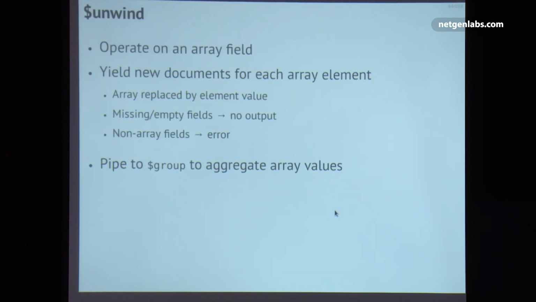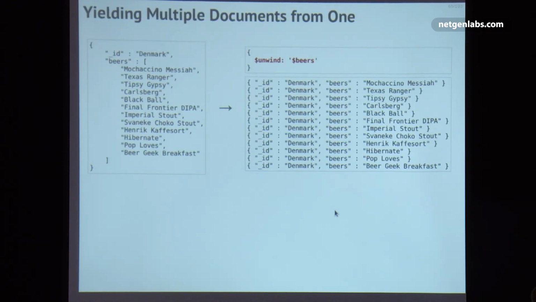So unwind does the opposite thing. If you have an array of values, it will create documents for each of those values in an array. My data set doesn't have that, so I created an example set that you cannot find in the database. In this case, I have an ID field called Denmark, and basically this is all the Danish beers that I've tasted.